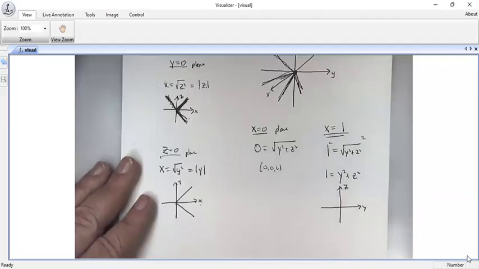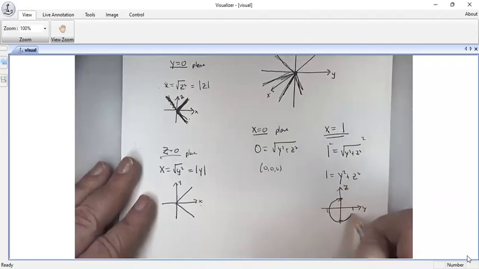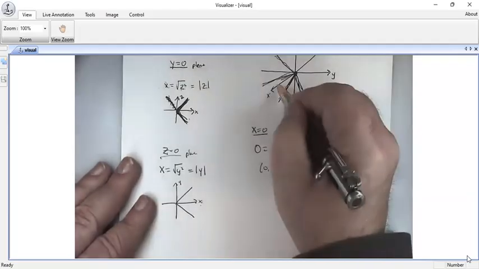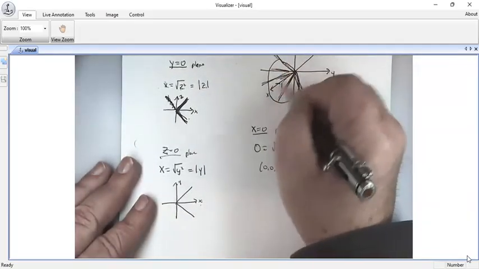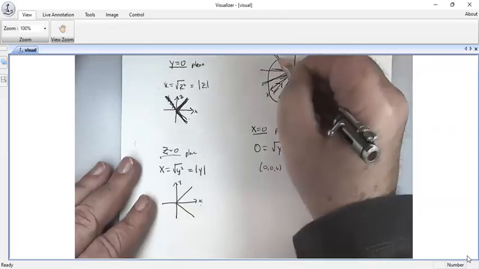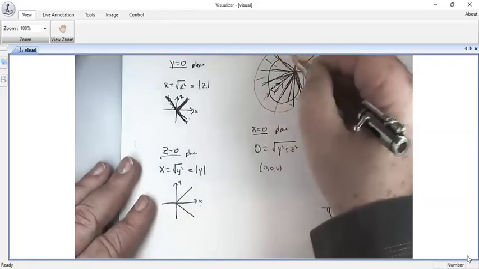What is this an equation of? A circle, right? Radius, in this case, 1. And so you connect your dots. It's a circle. So over here at x equals 1, you're going to get a circle. And you get this cone coming out from the origin and getting bigger and bigger and bigger.